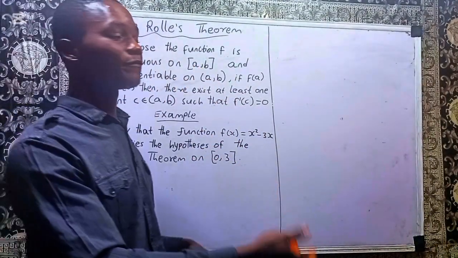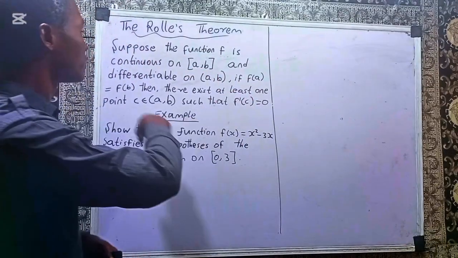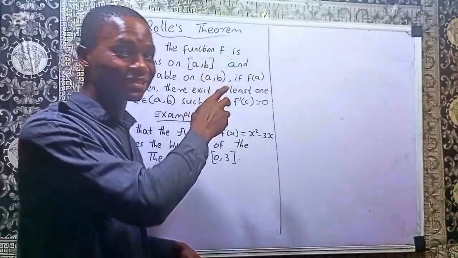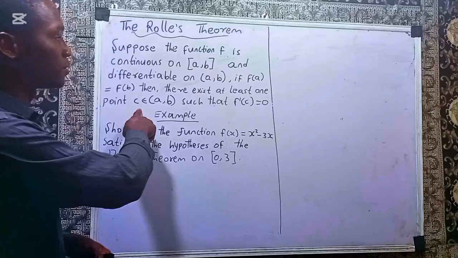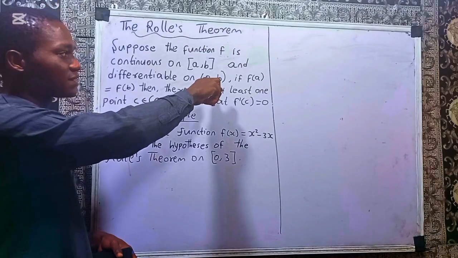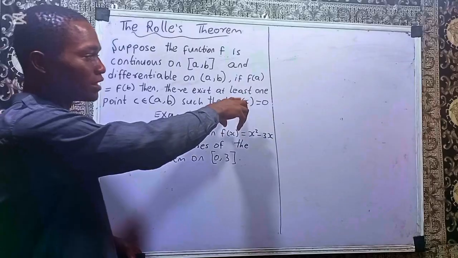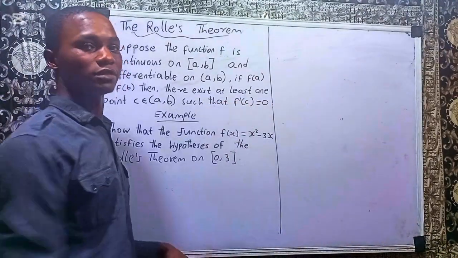If the value of the function at the first point is equal to the value of the function at the last point, then there exists at least one point c inside this open interval such that the derivative of the function at that point is 0.